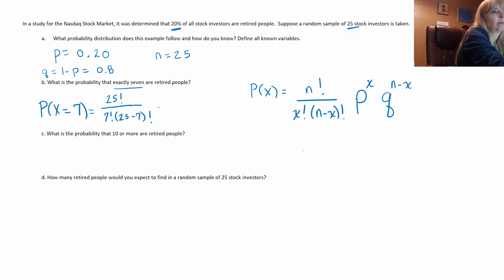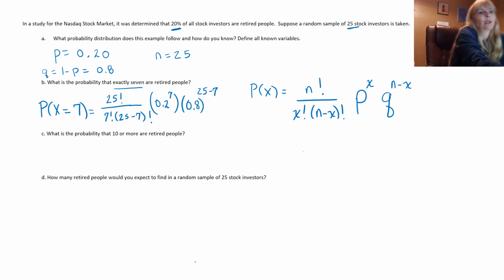And then times 0.2 raised to the number of successes, times, we'll put these in parentheses, 0.8 raised to the number of failures. So in other words, the probability they're retired versus the probability they're not retired.